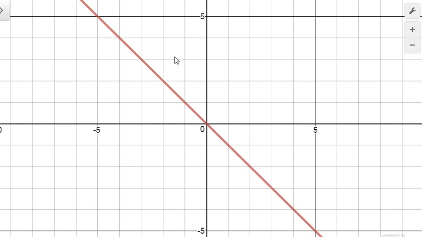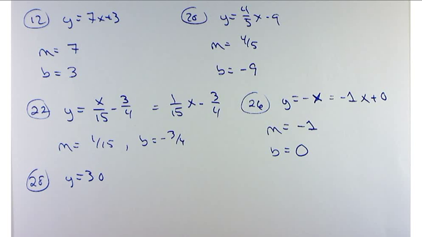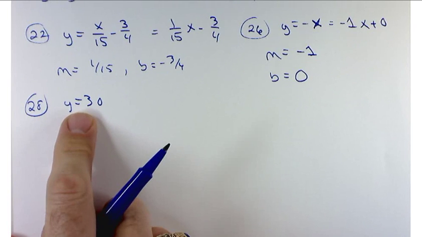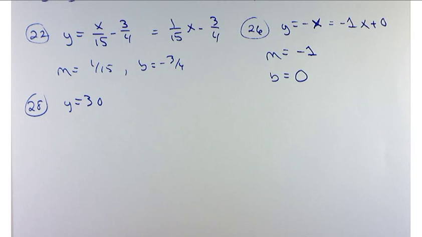Let's try problem number 28. So problem 28, y equals 30. I guess it is in slope-intercept form in as much as you have the y solved for. Let's think about this in a couple ways.